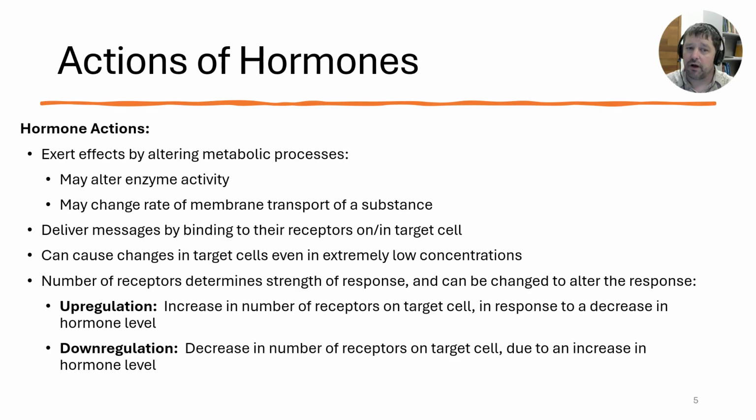You can have what we call upregulation, where you have an increased number of receptors on a target cell in response to a decrease in hormone levels. So you increase how many receptors you have because there's not enough hormone in solution. Or you can have what we call downregulation, where you have fewer receptors because you might have an increase in hormone levels.